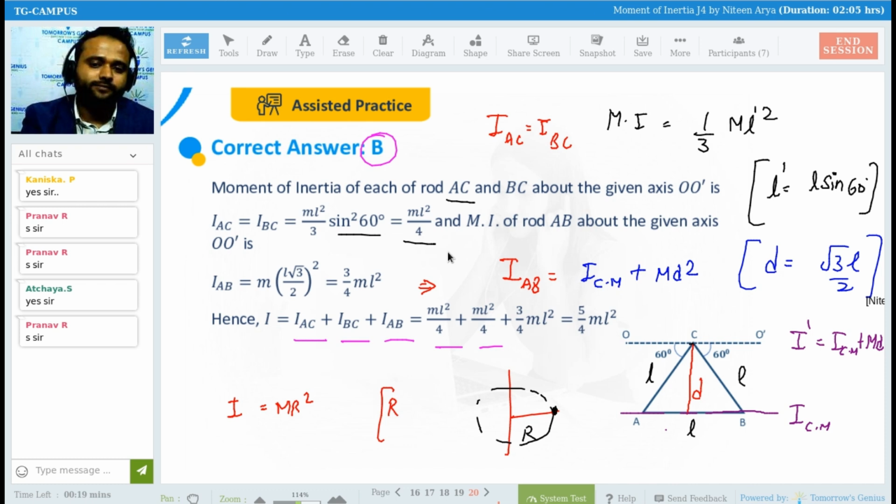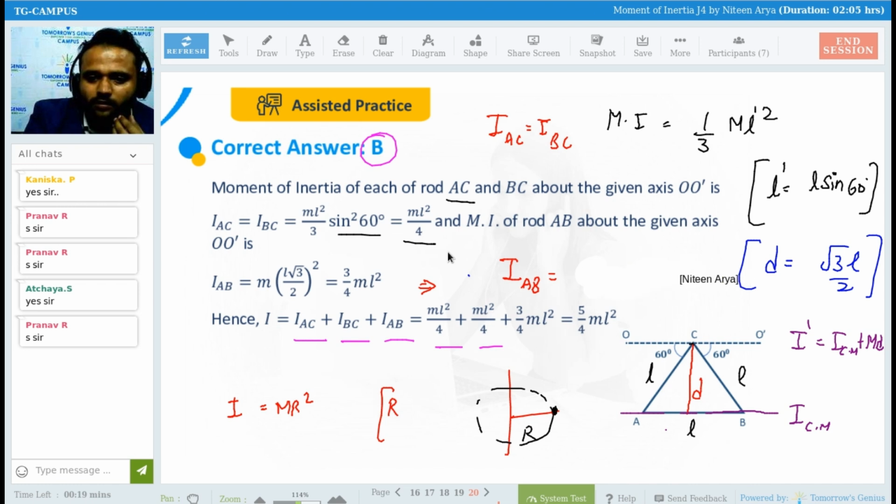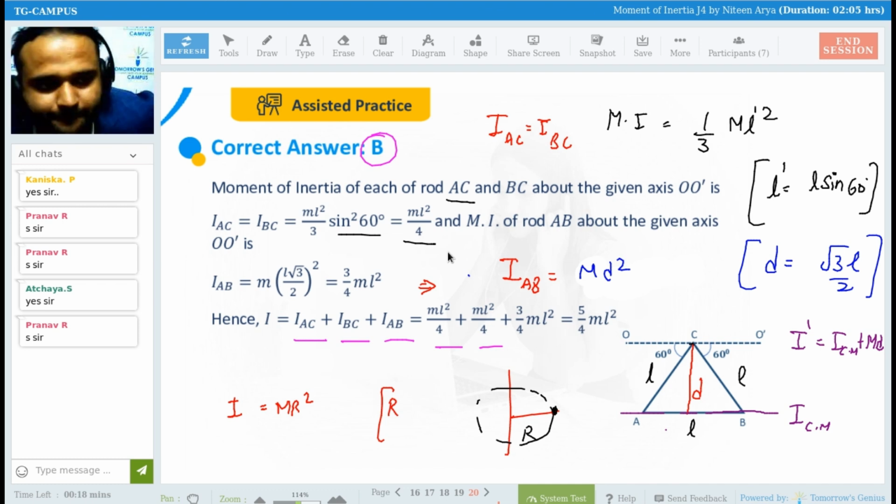You can find it by yourself also. This is the perpendicular distance for this road AB from this axis. So IAB is MD square, where D is root 3 L by 2, and put all together. Is this clear, everyone?